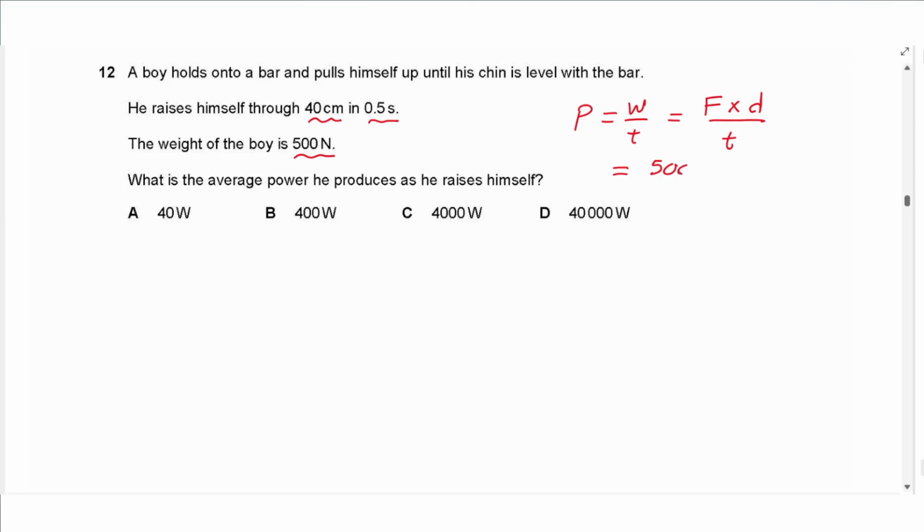The force is 500. The distance is 40 divided by 100 to convert from centimeters to meters, so 0.4 meter. Then we divide by the 0.5 seconds time. This gives an answer of 400 watts.